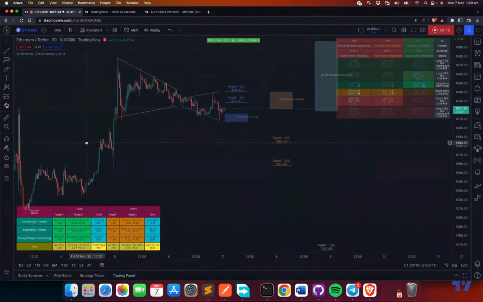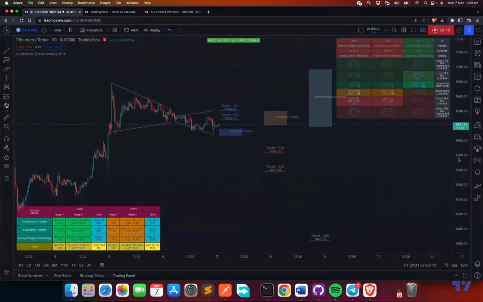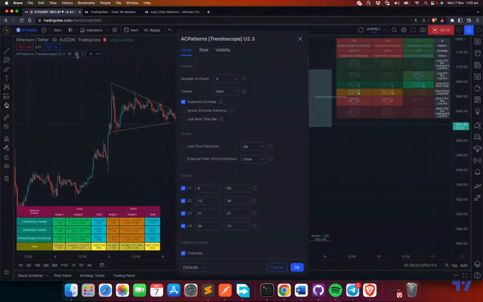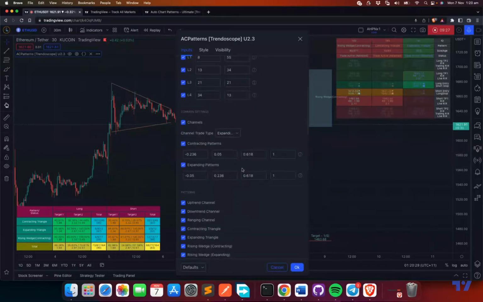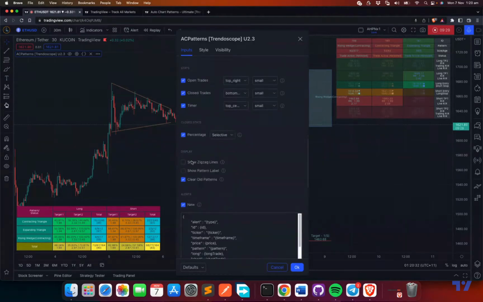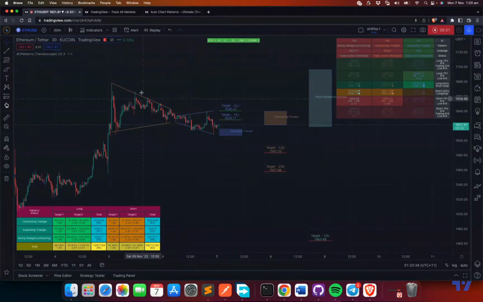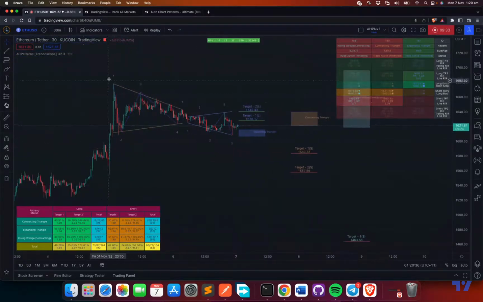Let's get into a few other settings on the back of this. The number of pivots setting says how many pivots are required to form a pattern. For example, if you enable the zigzag lines, it will show that these are five pivot patterns, like 1, 2, 3, 4, 5 creates a pattern. And you can actually select a six pivot pattern.